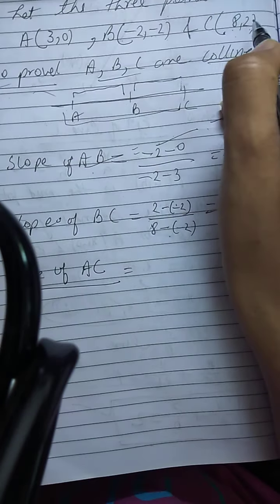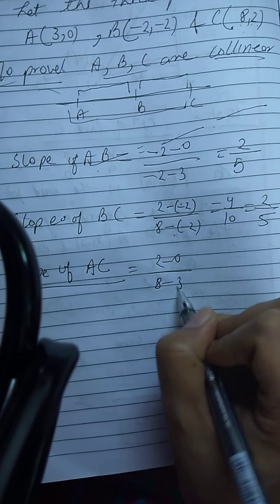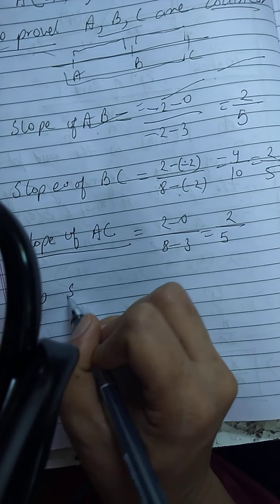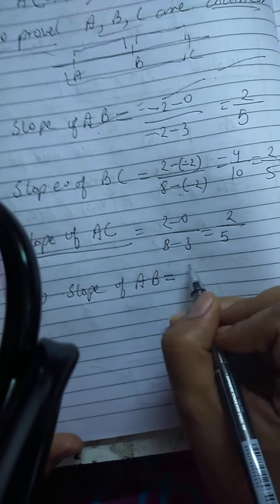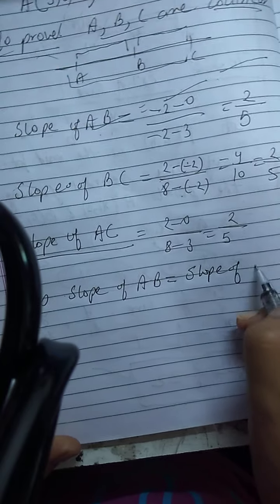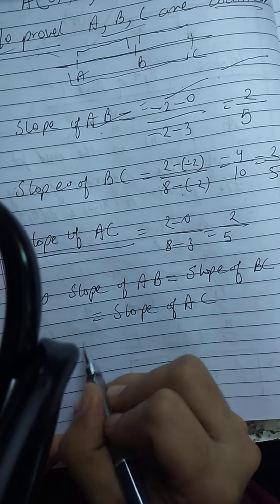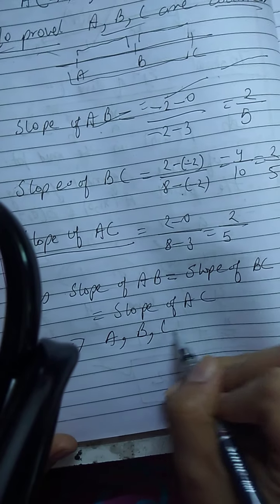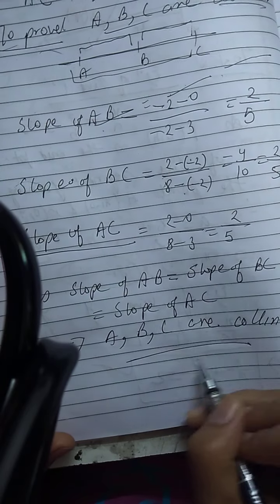Once again 2 minus 0 divided by 8 minus 3. So 2 by 5. What we will say is that slope of AB is equal to slope of BC, which is further equal to slope of AC. This implies A, B, C are collinear. Okay, that's it. So this is how we will prove.